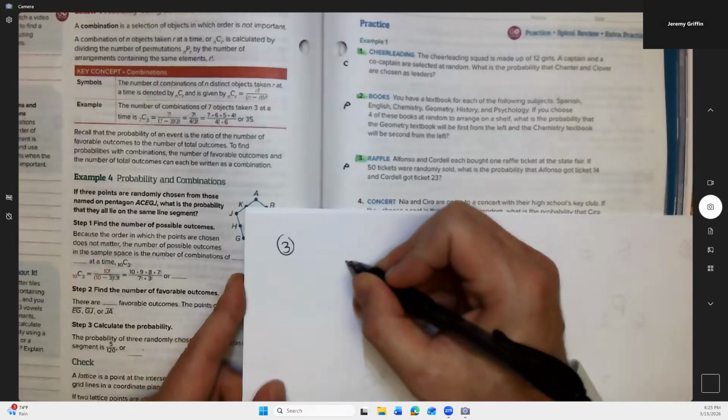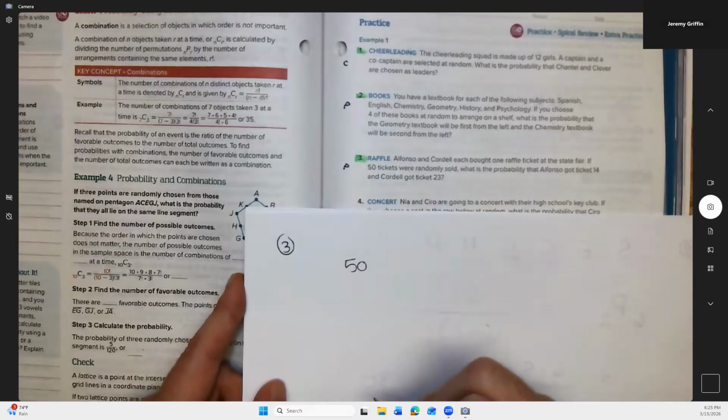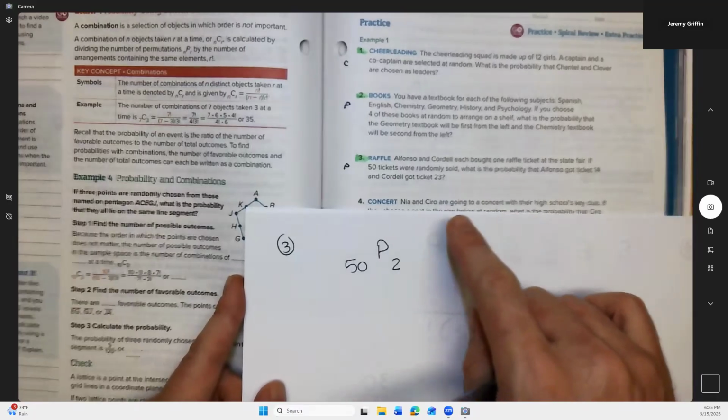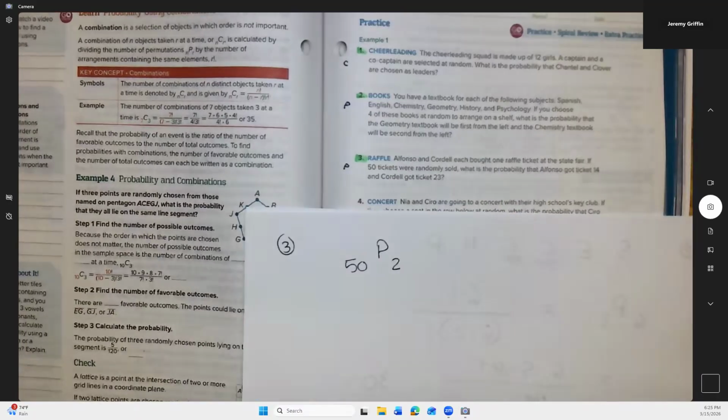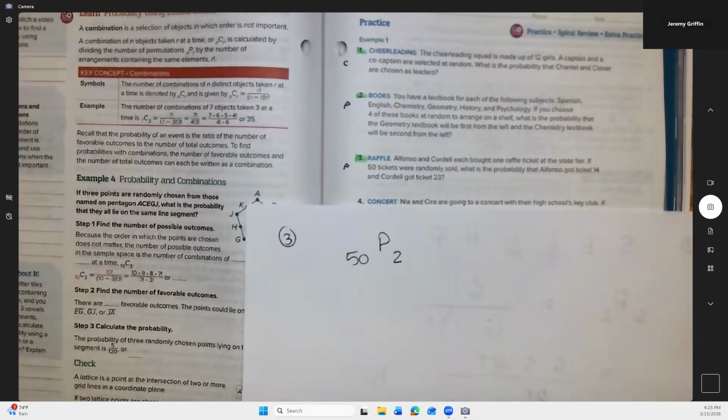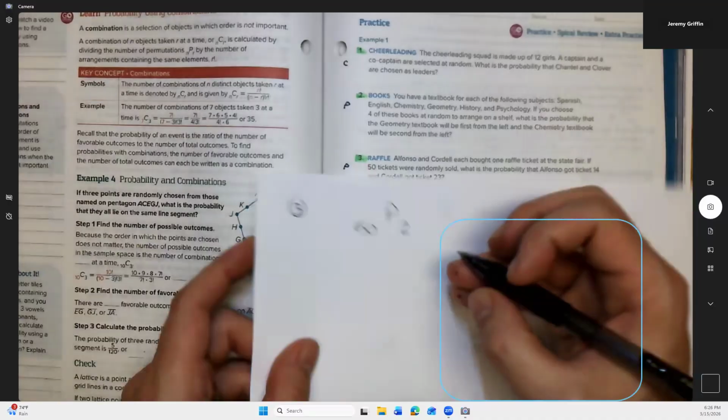So I'm thinking there are 50 tickets. I'm going to do permutations and 2, because we care about specific tickets going to each of these individuals. It's not like just one of them got number 14 and the other got number 23. That would be a combinations question, but each ticket has to go to a specific person.